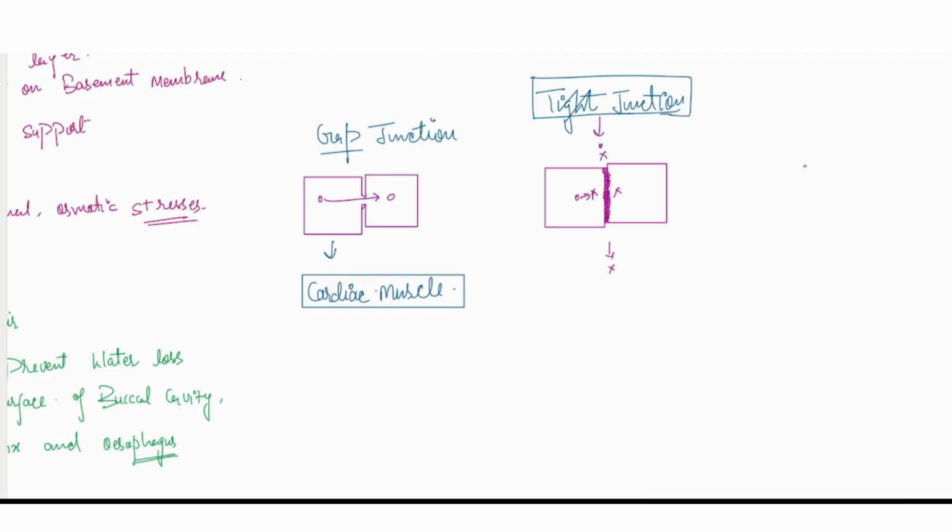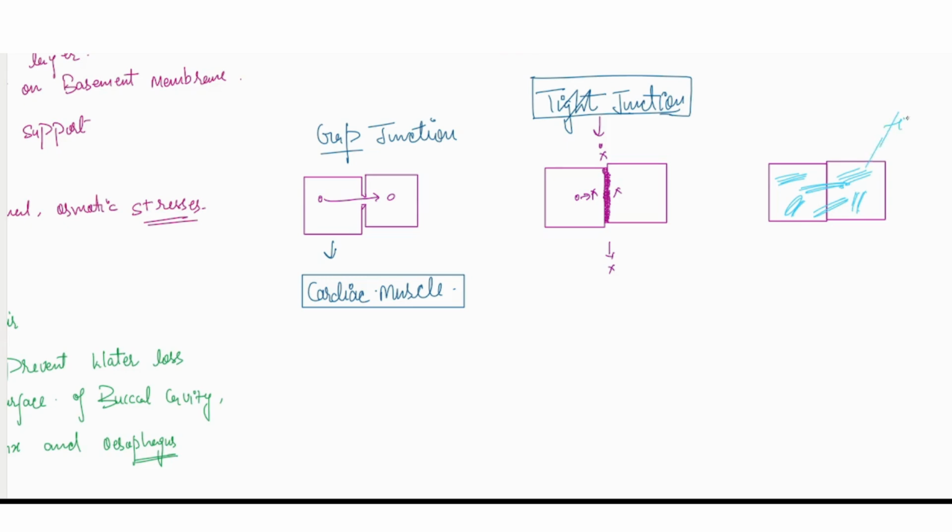Okay, now the next type of epithelial tissue junction. We have two cells, and we know very well that we have fibrous fibers from one cell to another cell. So one cell is connected with another cell with the help of fibers also. These are the fibers.